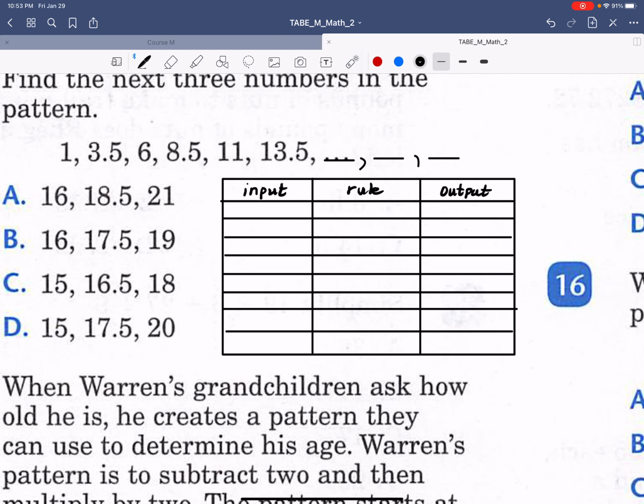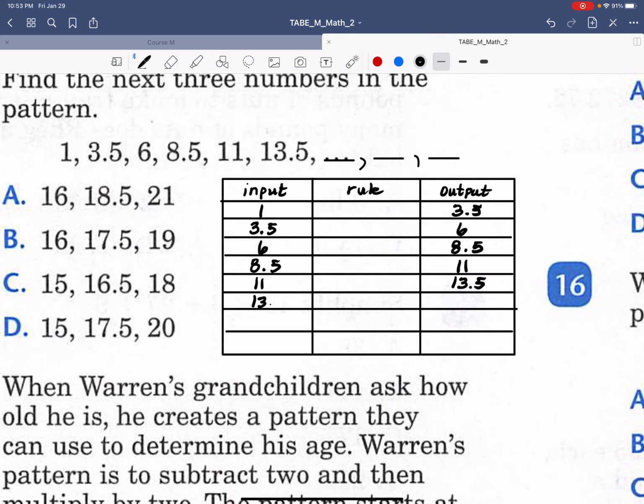And I have a 1 that goes with 3.5. 3.5 goes with 6. 6 with 8.5. 8.5 with 11. 11 with 13.5.